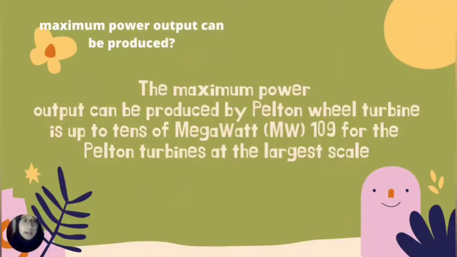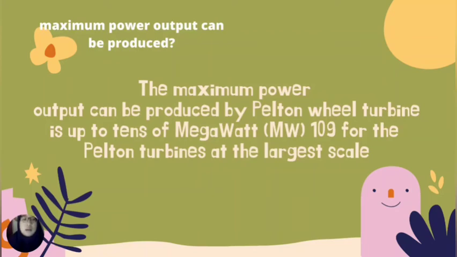For question number 5, what is the maximum power output that can be produced by this Pelton turbine? The maximum power output that can be produced by a Pelton wheel is around 20 megawatts. Pelton wheels come in various sizes.